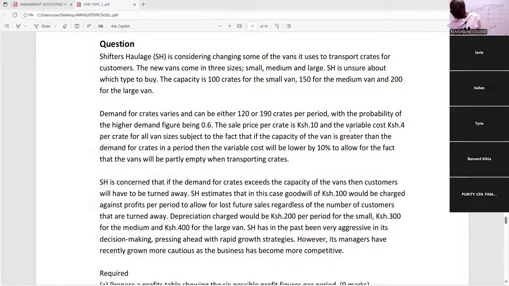You can see what they have told us here, that the variable cost is 4 per crate for all van sizes, subject to the fact that if the capacity of the van is greater than what we will be selling, than the demand for crates in a period, then the variable cost will be lower by 10% to allow for the fact that the vans will be partly empty when transporting crates.